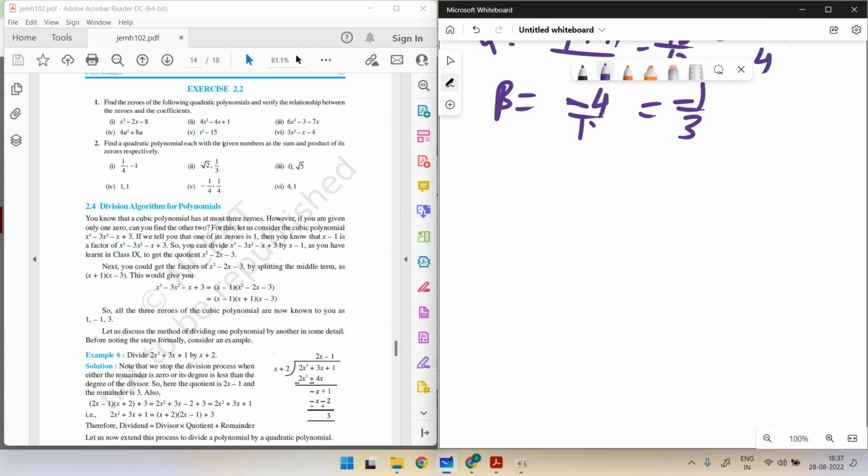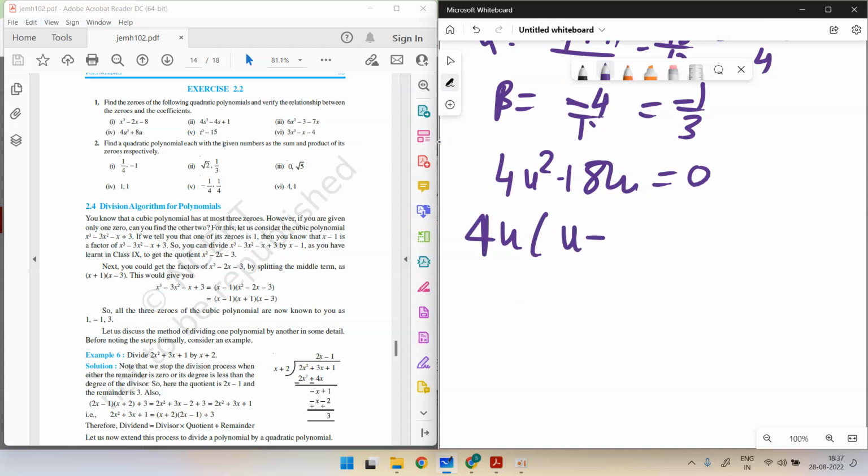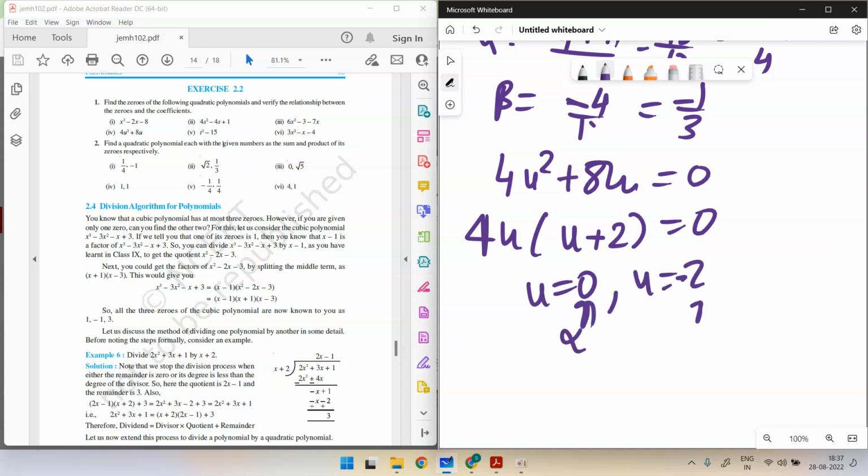And next, the fourth, 4u squared plus 8u equals 0. If you take 4u common, it becomes u into u plus 2 equals 0. From here u is 0 and u is minus 2. This is alpha, minus 2 is beta.